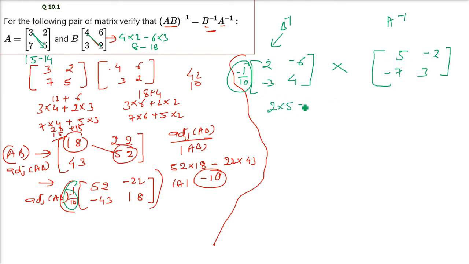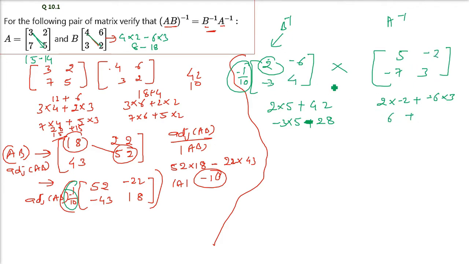So I'm multiplying it here, 2 into 5 plus 7, 6, 42. Now 2 into 2 and 6 into 3 along with the sign. Just keep an eye on the sign also. Minus 3 into 5 plus 4 into minus 7. Just take minus because there is already a minus. Okay. Now minus 3 into minus 2.